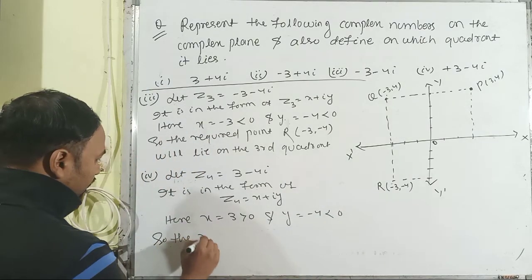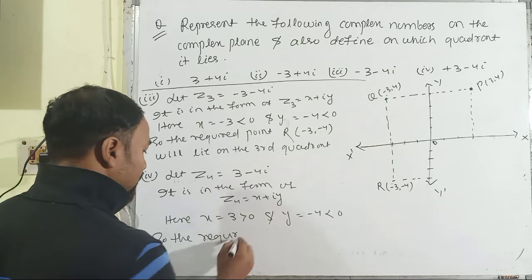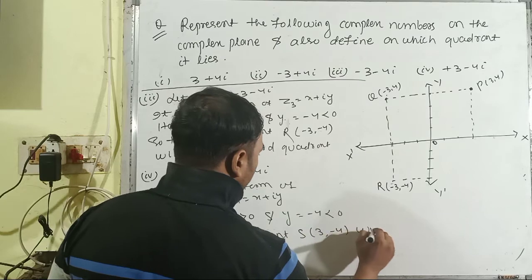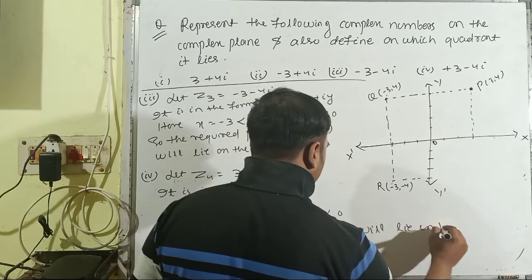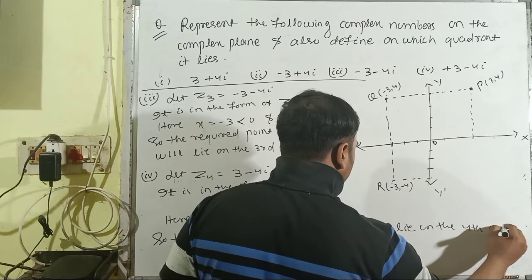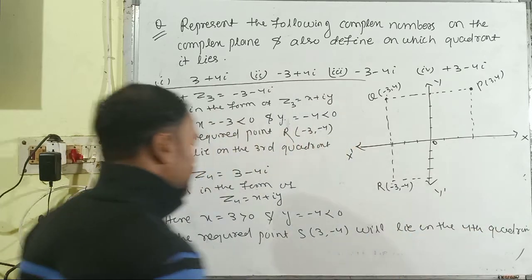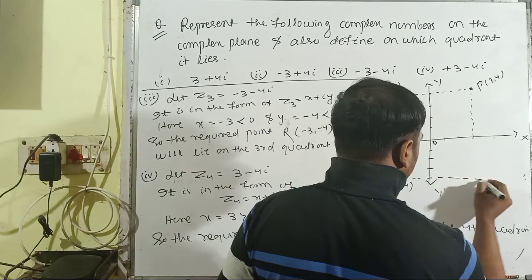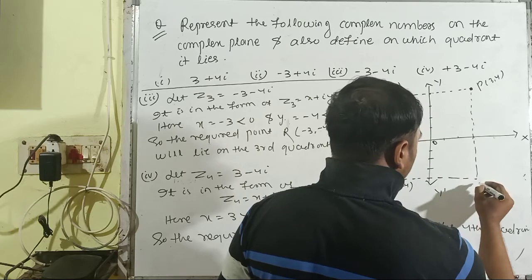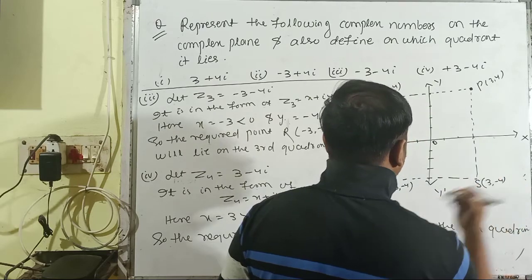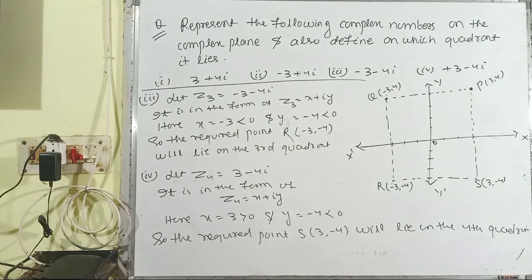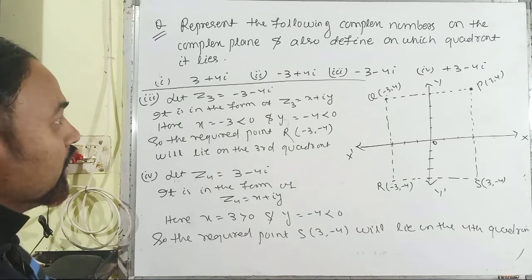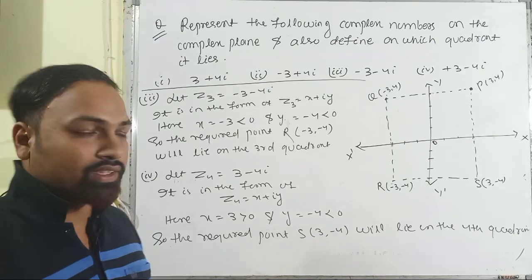So the required point, consider this point as S(3, -4), will lie on the fourth quadrant. Let us plot this point here. It is plus 3, minus 4, and it will lie on the fourth quadrant. So these are the diagrammatic representations of the complex numbers in the form of points in different quadrants.